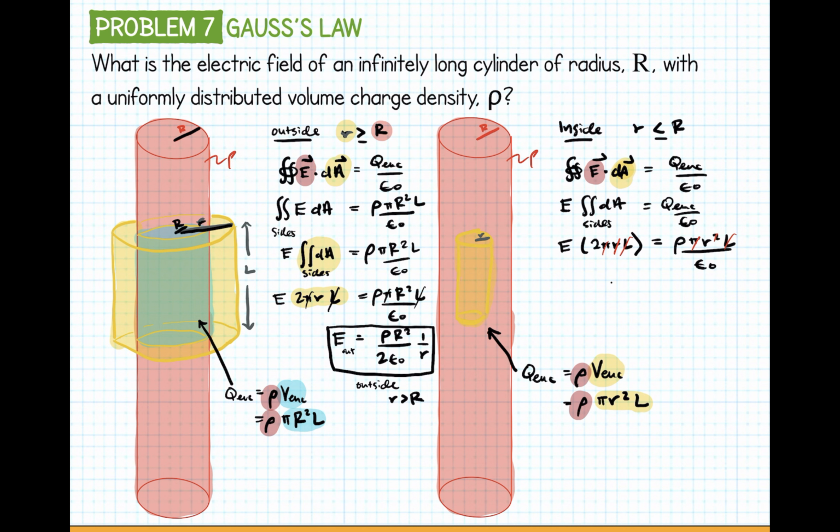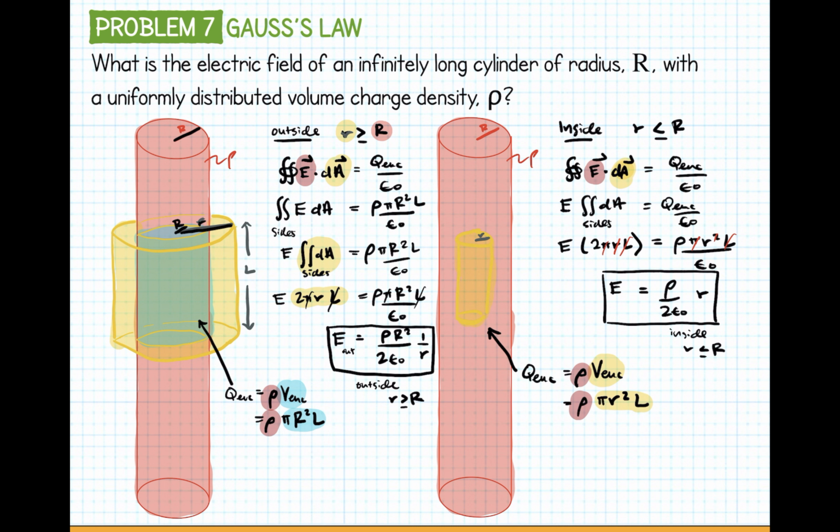Okay, so now E on the inside is going to be equal to rho r over 2 epsilon naught. Okay, so this is E, our electric field inside, meaning r is less than big R.